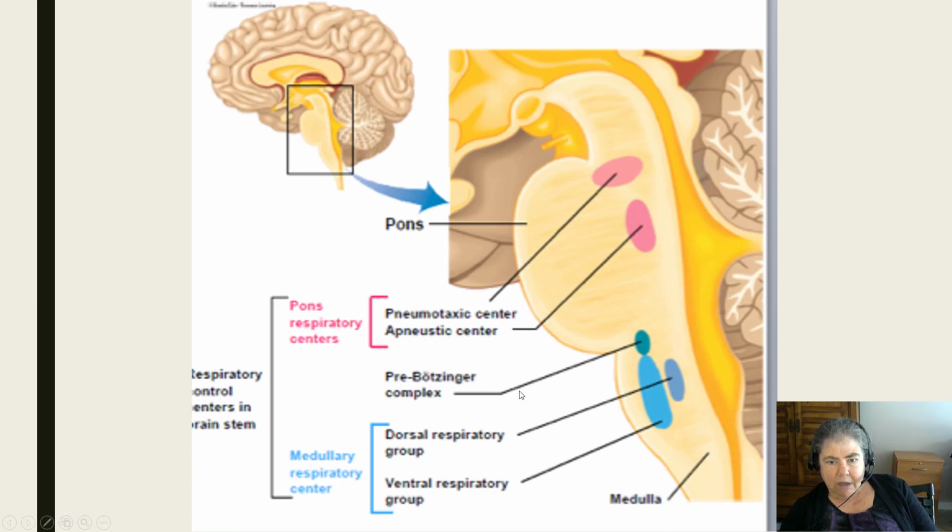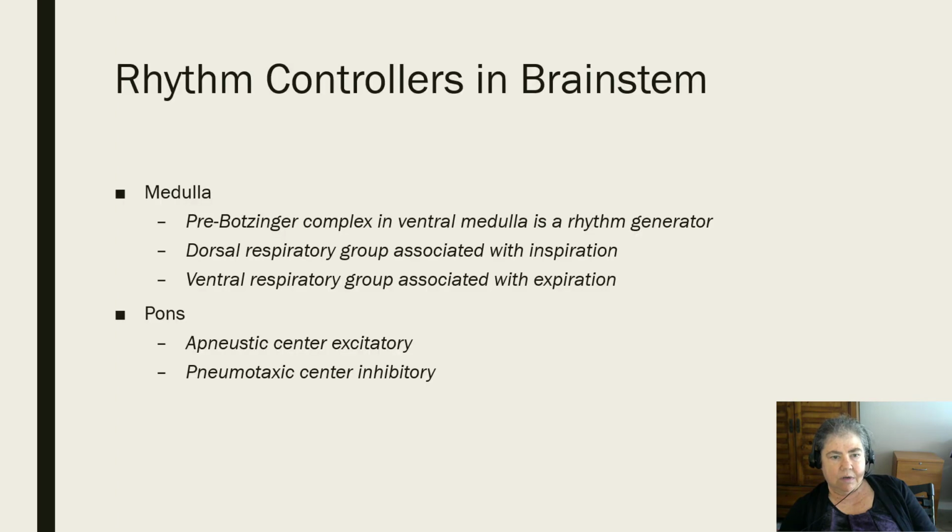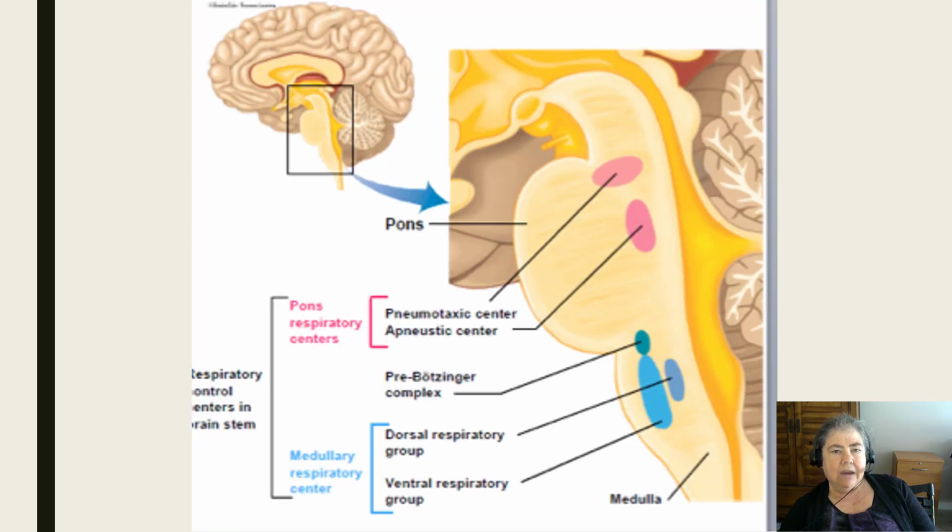These are the areas that are getting input from all of these receptors and other sources like the hypothalamus and the cortex. And then they are sending out effector signals to muscles to control breathing.